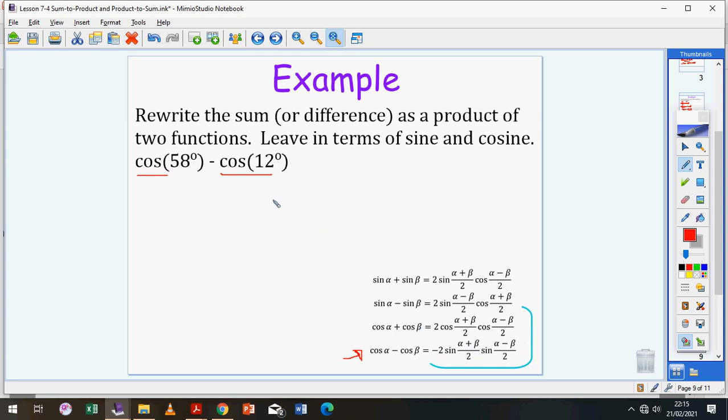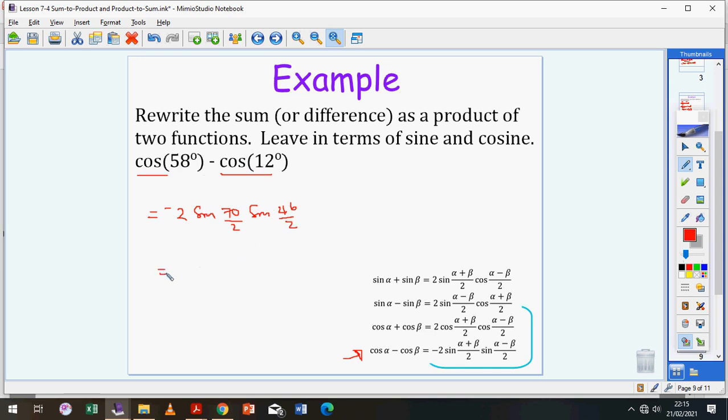So I'll just substitute. This is going to be equal to negative 2 sine, sum of the angles, 58 plus 12 is 70 degrees over 2, times sine, difference of the angles, 58 minus 12 is 46, divided by 2 is 23.